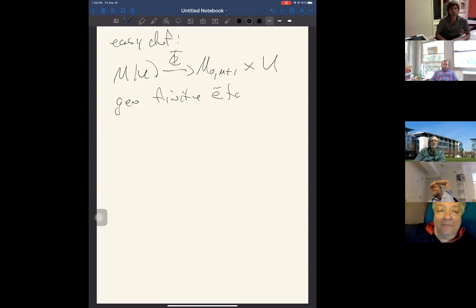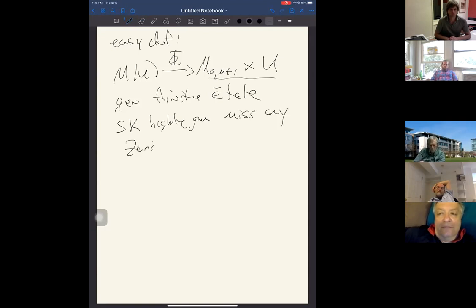What do I mean by that? I mean, after you throw away a Zariski closed set from this and restrict, the map is finite and étale. That's just Mori style counts of rational curves. So that's an easy thing. The skeletons are highly generic. They miss any Zariski closed set.